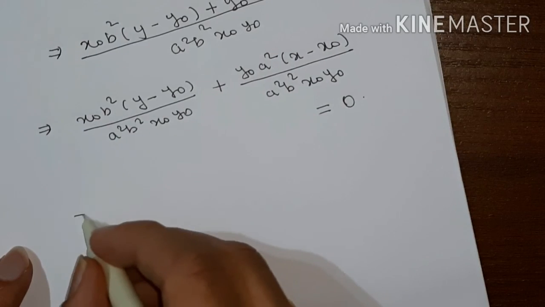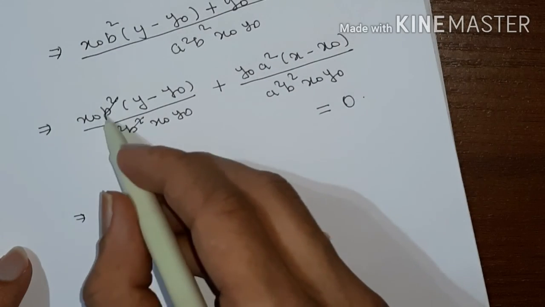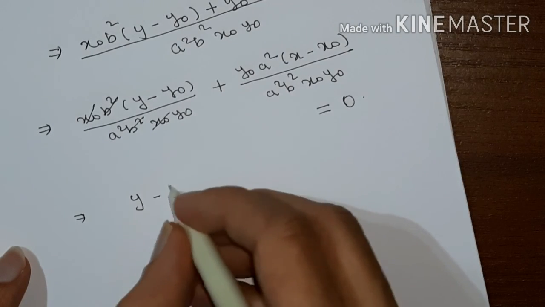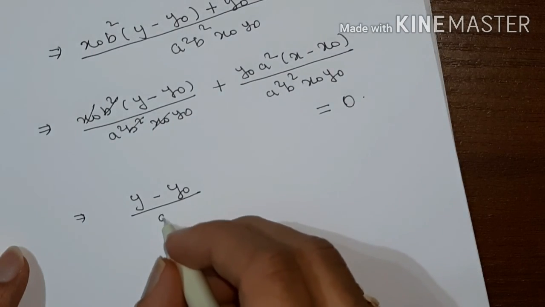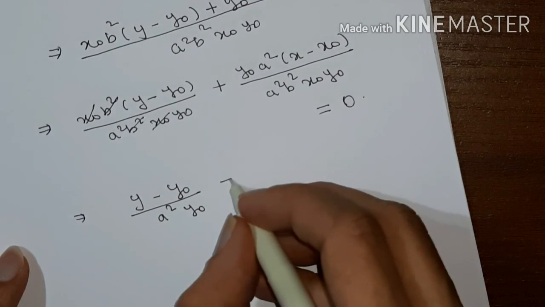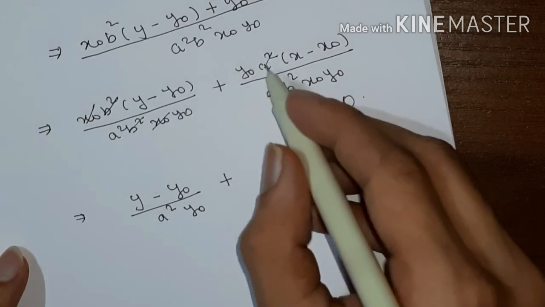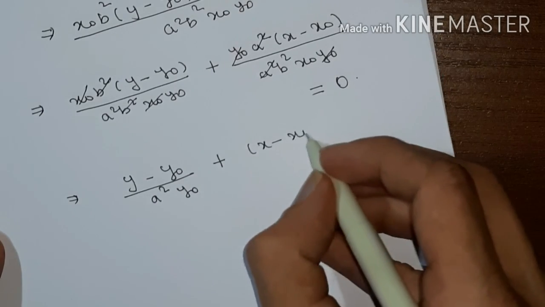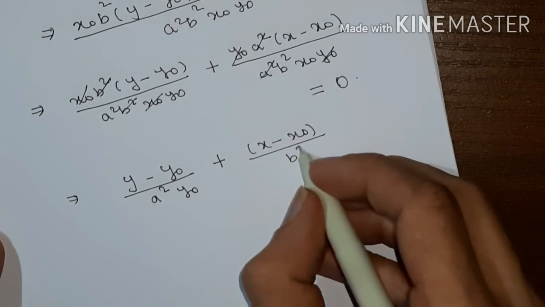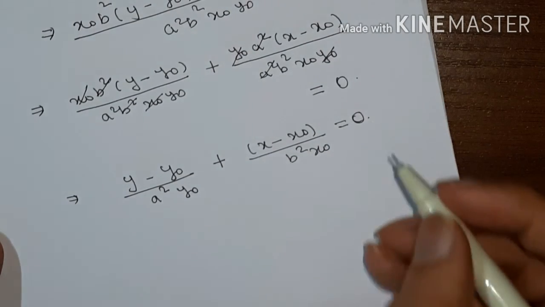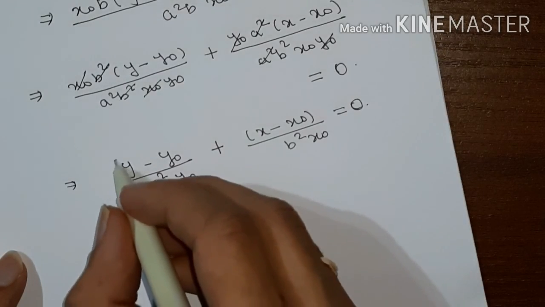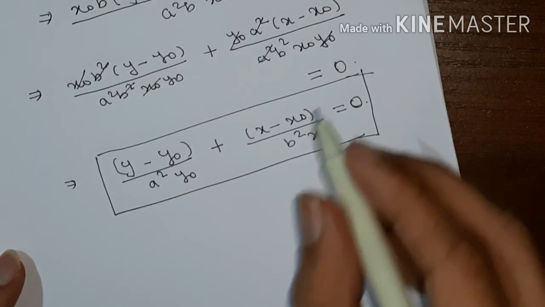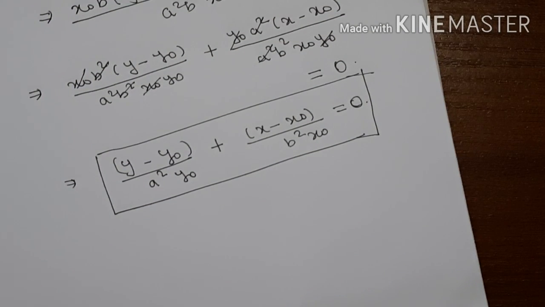Okay, so what we get here, b² gets cancelled, x₀ will get cancelled, so we get (y − y₀)/(a²y₀) plus here a² and a² will get cancelled, y₀ and y₀ will get cancelled, so (x − x₀)/(b²x₀) equal to 0. Okay, so this here is the equation of the normal at the point (x₀, y₀).